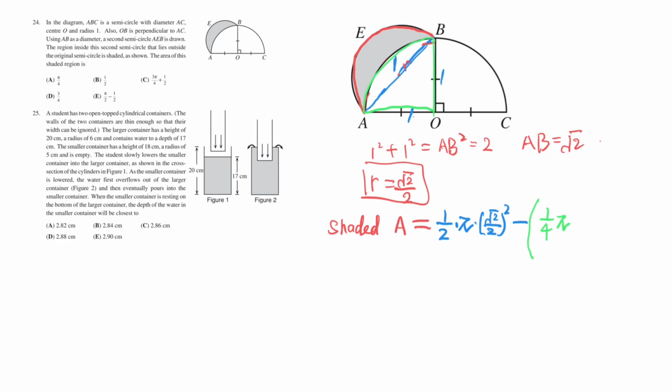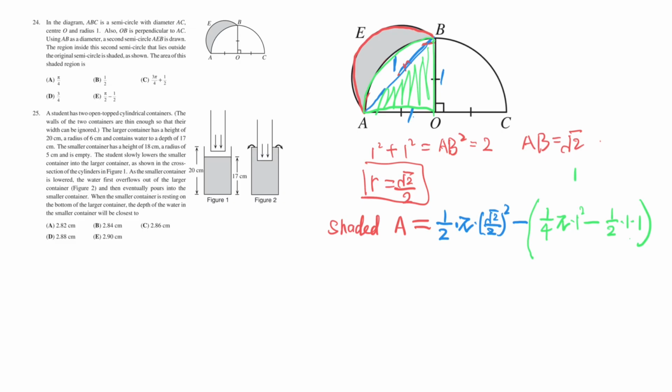For the first semicircle, the radius is 1, so times 1 squared, minus the triangle AOB area. The triangle area equals 1/2 times base 1, height 1. So in the bracket, that's the region 1 area.